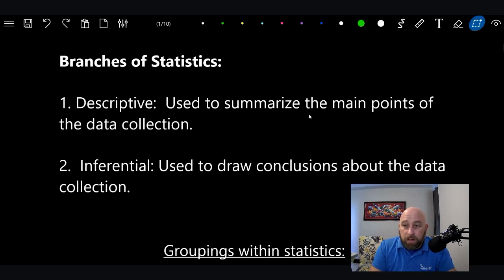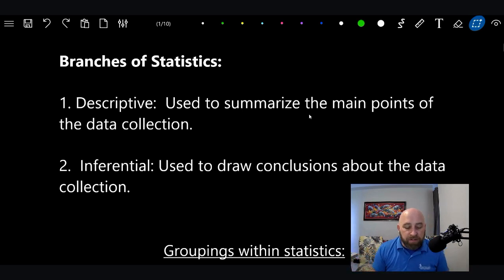Well, in descriptive, you are just summarizing the main points that you collected. You're not really going too in depth into them. You're more just giving the highlights. You're taking certain pieces out of it and saying, okay, this is a description of the data.